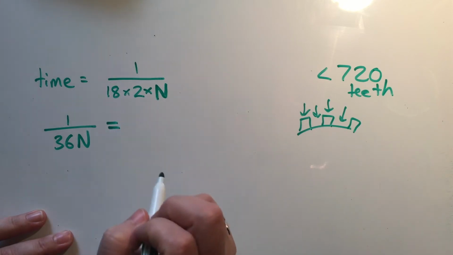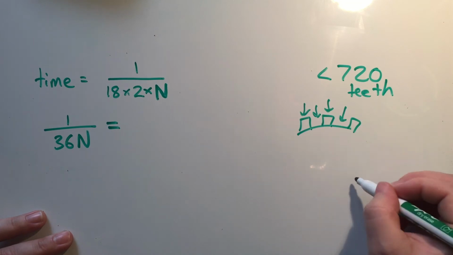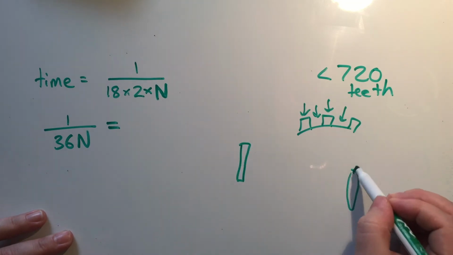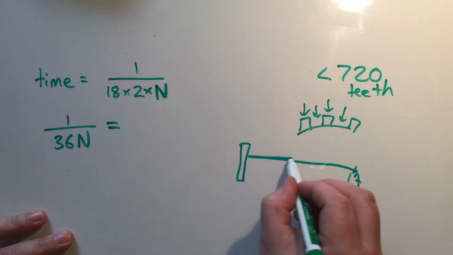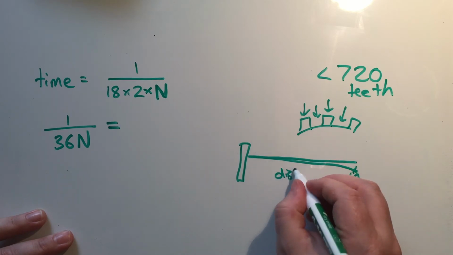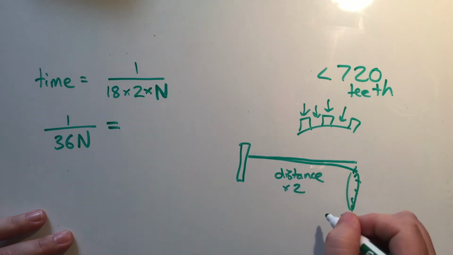We can set this time equal to the amount of time it takes, if you remember in the experiment itself, if this is the mirror and this is the wheel with the teeth, for the light to pass through, bounce off, and come back. So that time is going to be equal to the distance times 2, over the speed of light.